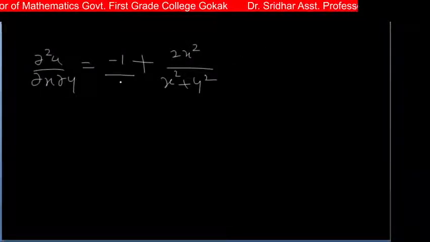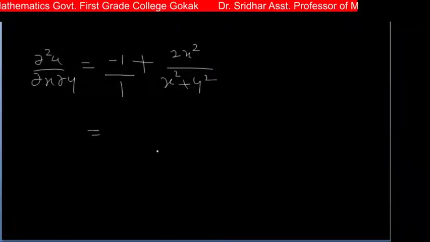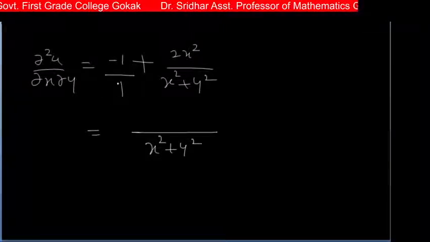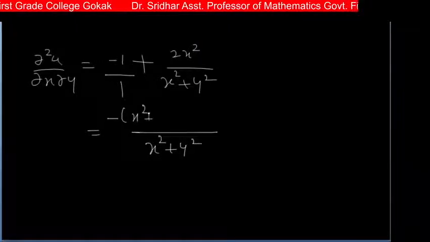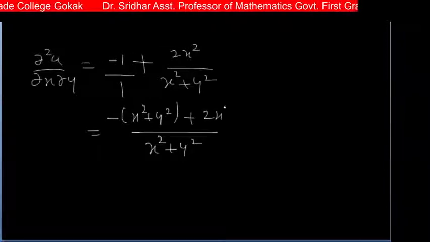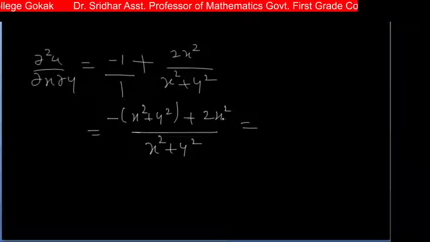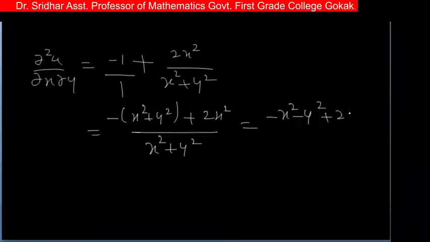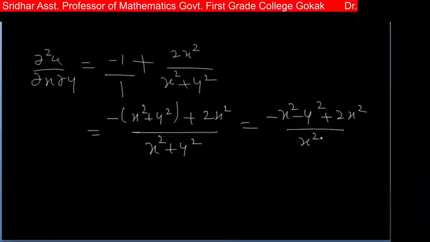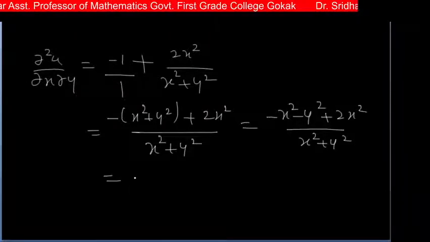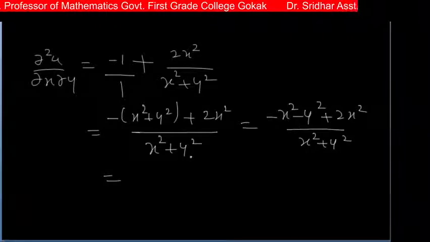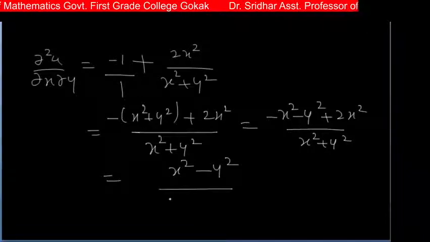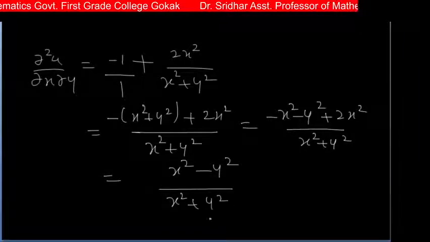So now taking the LCM again, x square plus y square, this is multiplied with minus 1, so minus of x square plus y square, then plus 2x square, which is equal to minus x square minus y square plus 2x square divided by x square plus y square. Now 2x square minus x square is plus x square, then minus y square, divided by x square plus y square.